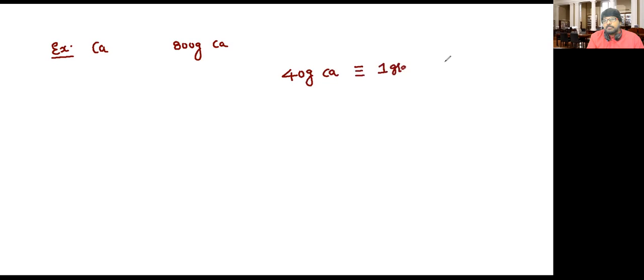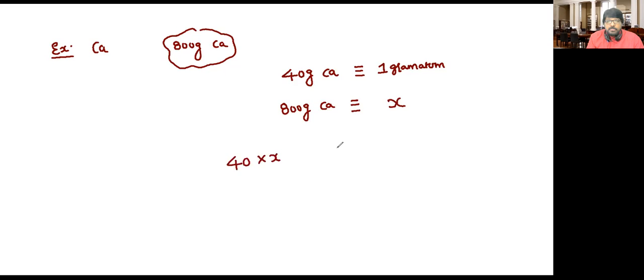1 gram atom. But here in this example, how many grams are given? 800 grams. Then 800 grams of calcium is equal to X gram atoms. So take cross multiplication. So that is 40 into X is equal to 800.